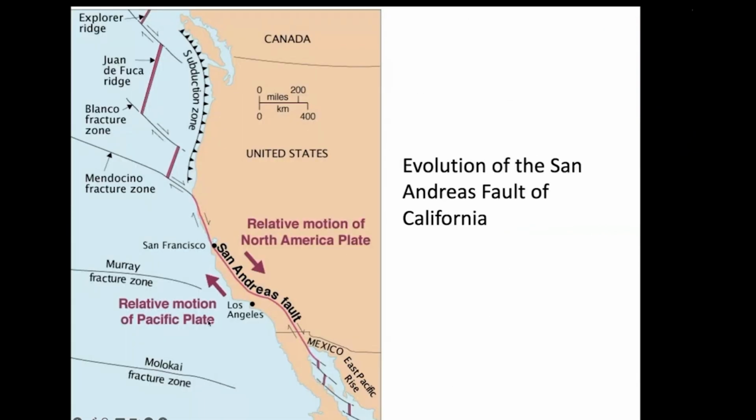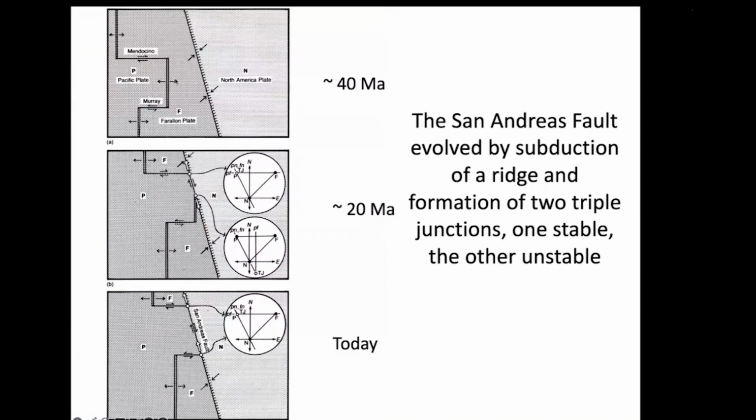Okay. So today the Pacific Plate is not only right offshore of California, a significant part of California is on the Pacific Plate, including Los Angeles, goes right through San Francisco and all of Baja California. So this plate boundary has evolved quite a bit since this ridge was first subducted.